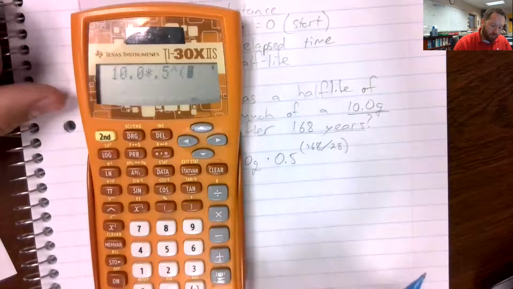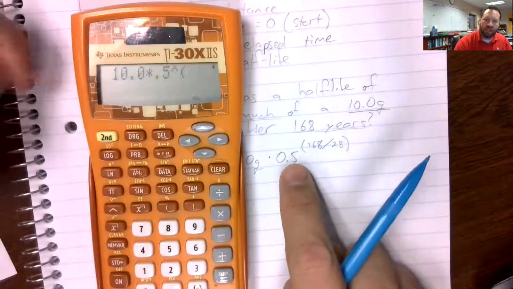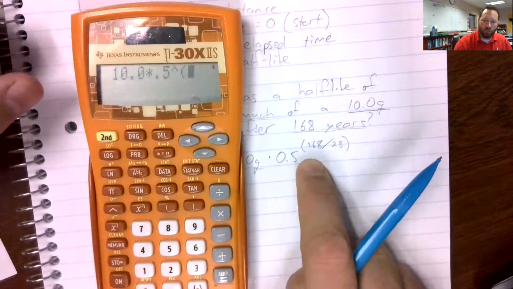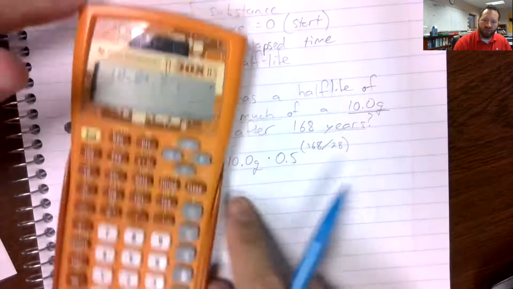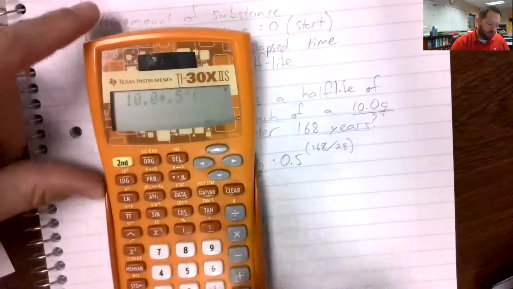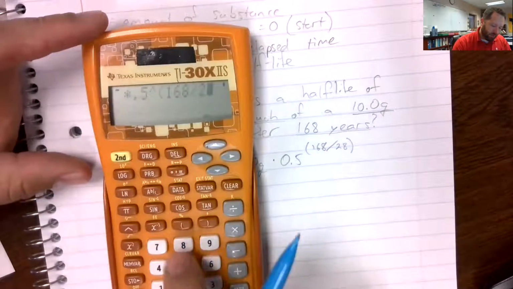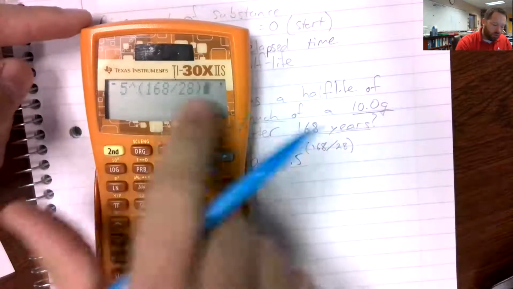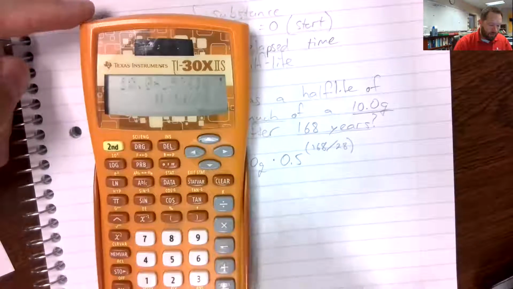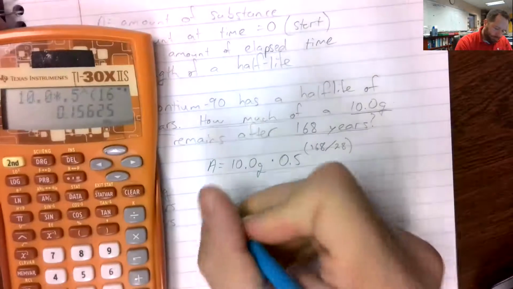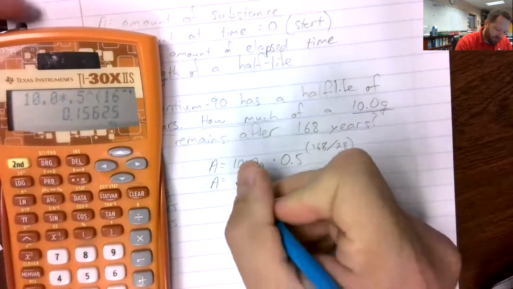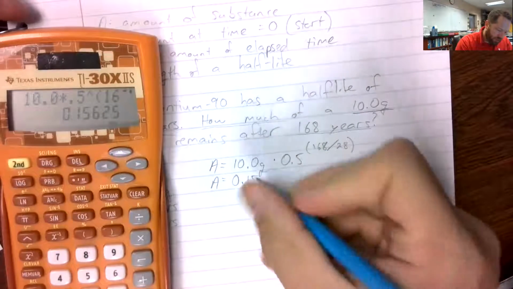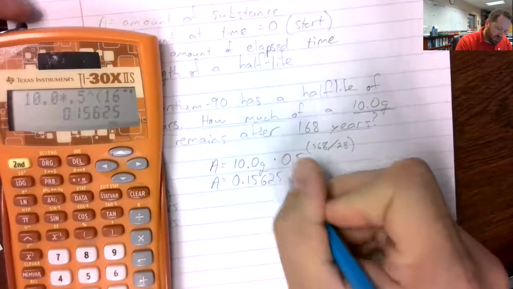Now make sure you open up a parentheses. If you just type in 168, it's going to do 0.5 to the 168th power and then divide the whole thing by 28. We don't want that. We want our 168 divided by 28 all together up here. So I open and close a parentheses, hit my enter button, and there we go. The amount I expect to have left is 0.15625 grams.